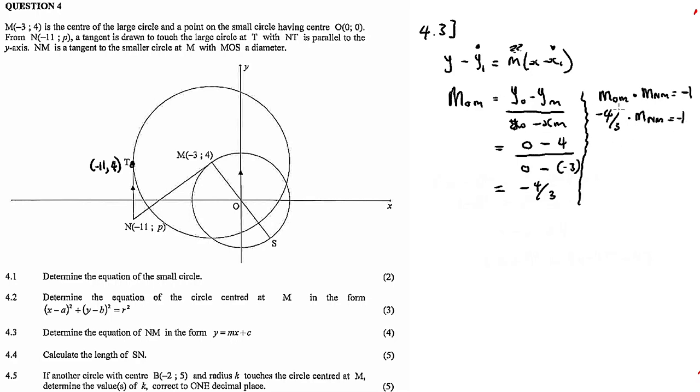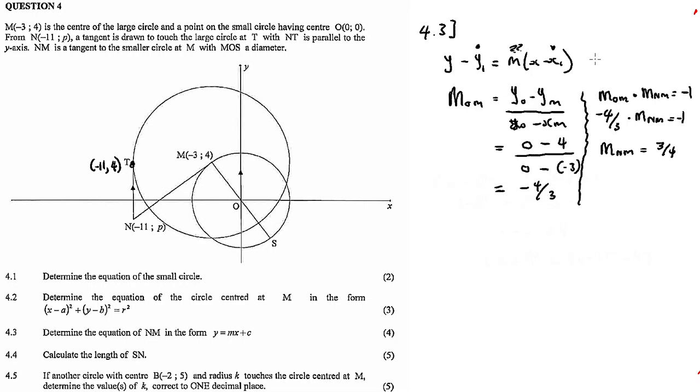So if you divide or multiply by the multiplicative inverse, the gradient of NM is equivalent to positive 3 over 4. If I divide both sides by minus 4 over 3, on this side and that side, I will get 3 over 4, or multiply by minus 3 over 4 on both sides, I will get positive 3 over 4.